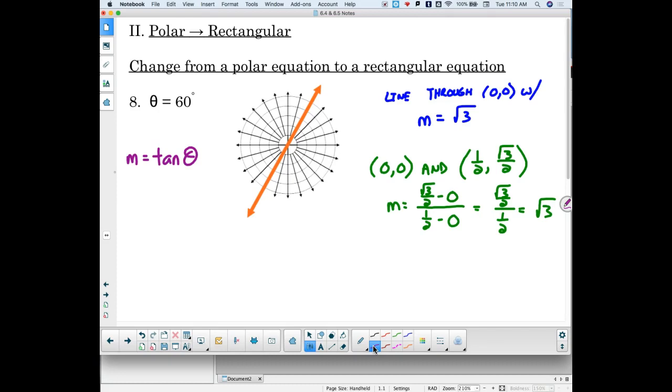Y-intercept negative 5. Okay. So, does everybody understand that? Right? So then we shouldn't have waited this long to find the equation of a line that goes through the origin with the slope of the square root of 3. What's the equation of the line through the origin with the slope of the square root of 3? Y equals the square root of 3x.